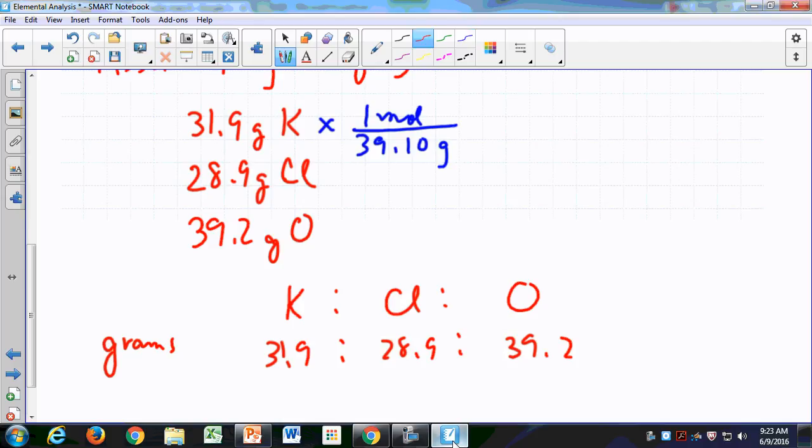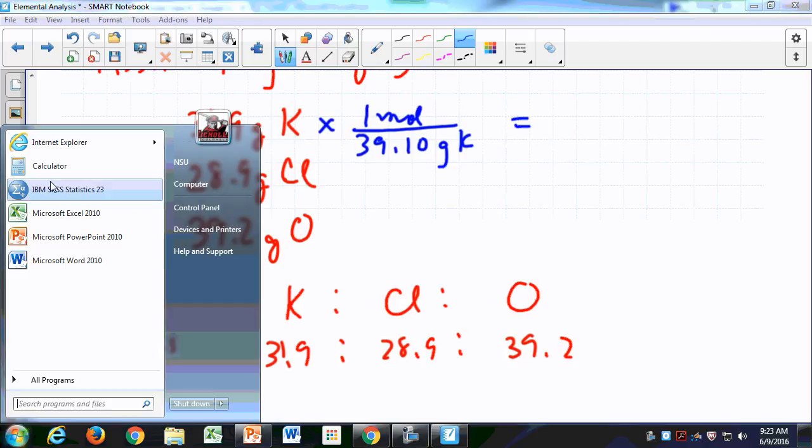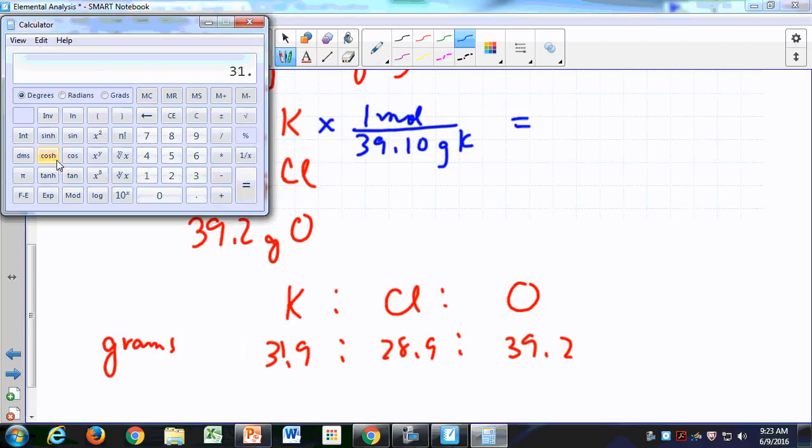That gives me 31.9 divided by 39.1, which is 0.8159.